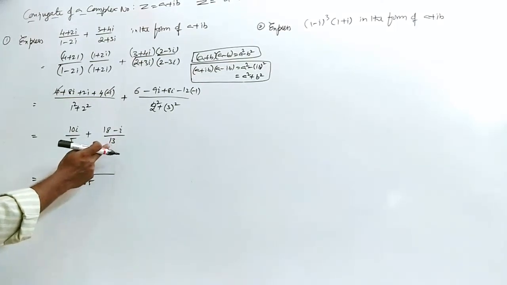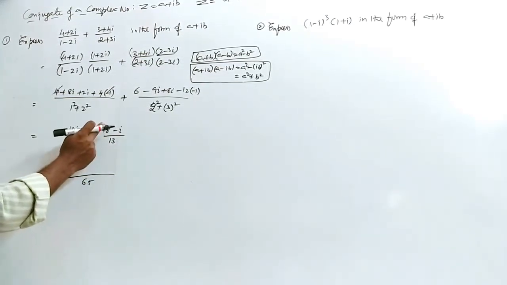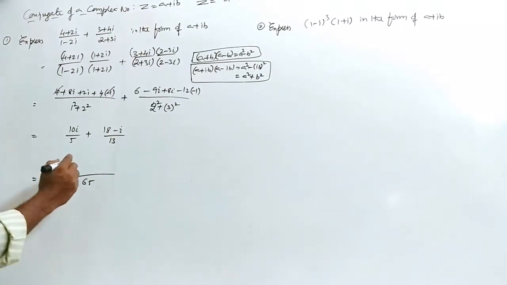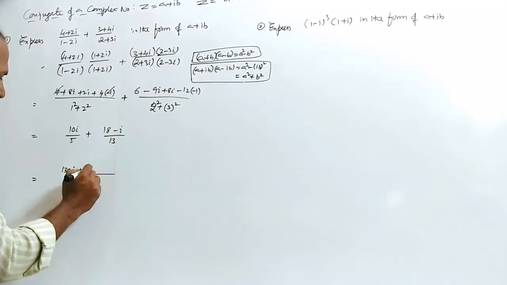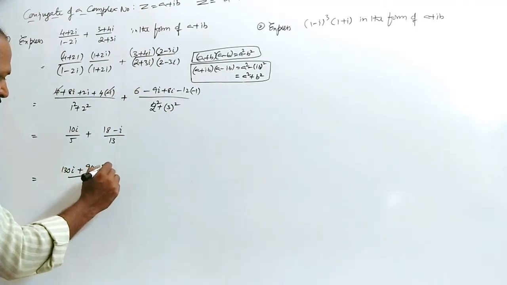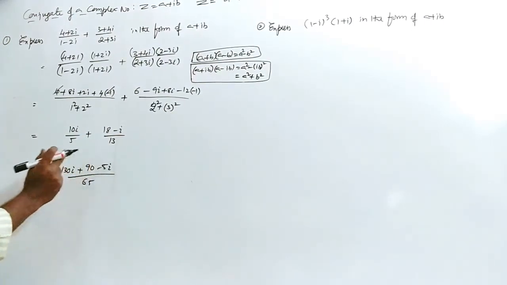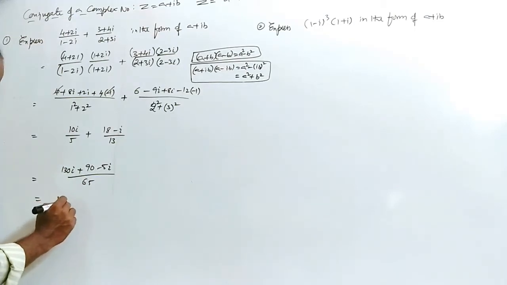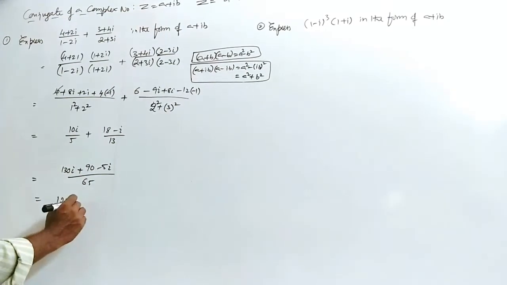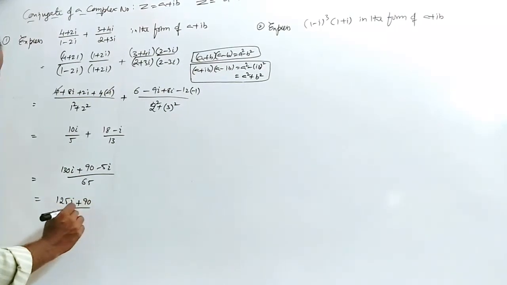Again here 13 5s are 65, 5 into this part, therefore that is equal to 18 5s are 90, minus 5 ones are 5, therefore that is equal to 130i minus 5i, it is nothing but 125i plus 90 by 65.